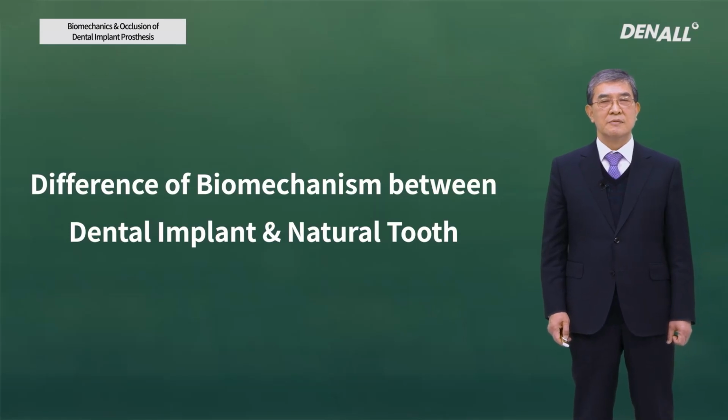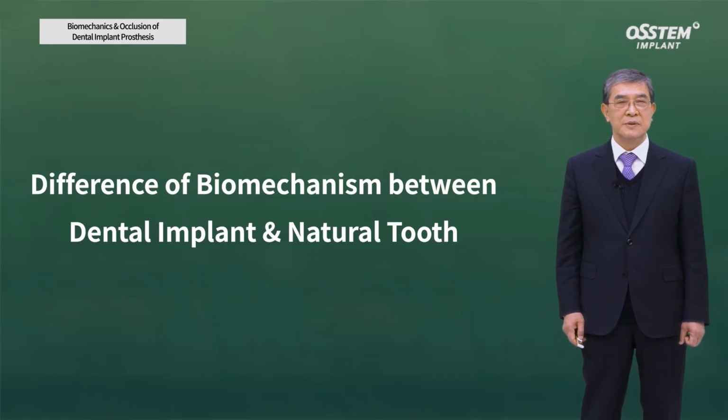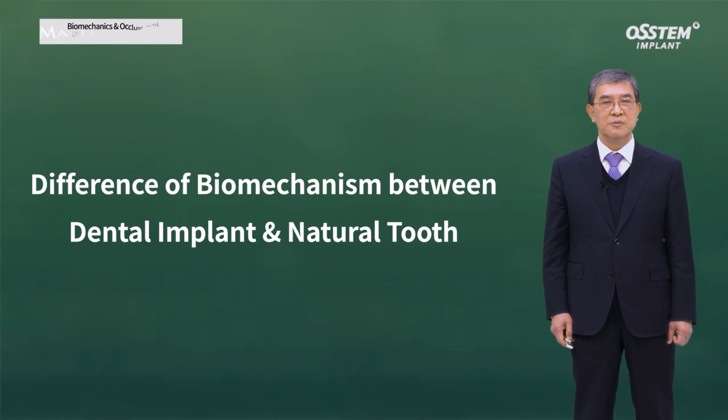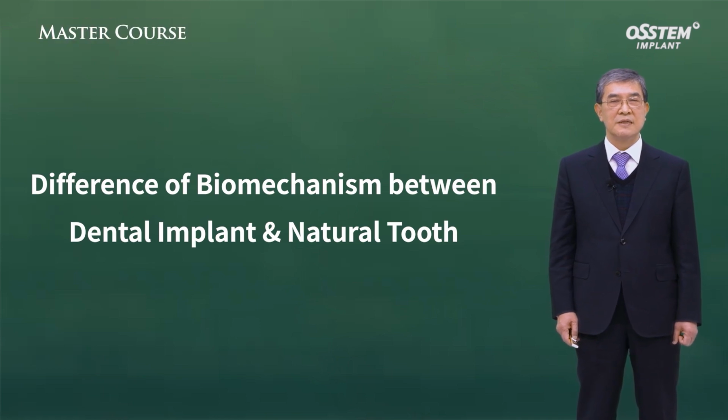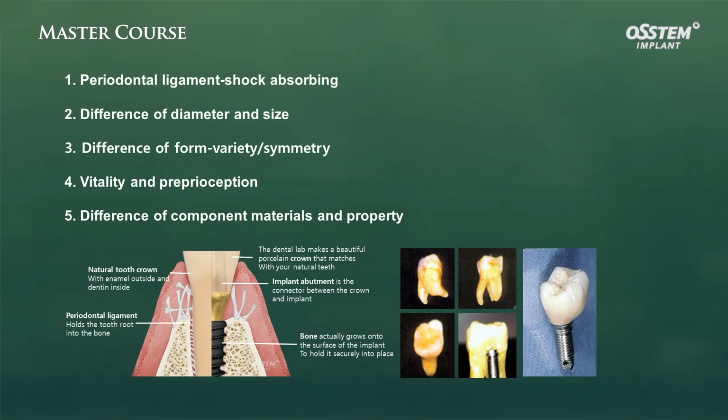First, let's look at the difference of biomechanism between dental implant and natural tooth. The biggest difference, as you all know, is the presence of periodontal ligament. With natural tooth, you have periodontal ligament which absorbs the shock. Also, the diameter and size differ.